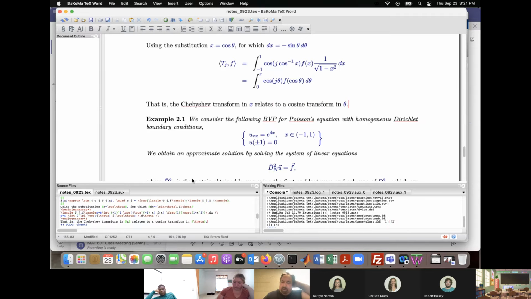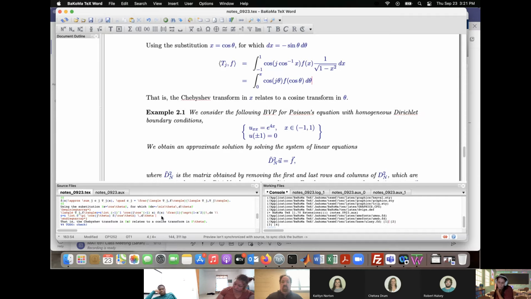It points out how deep the connection goes between Chebyshev polynomials and cosines, because they're defined in terms of cosines. So if I wanted to compute these coefficients, I could actually use the fast Fourier transform to compute all of these.